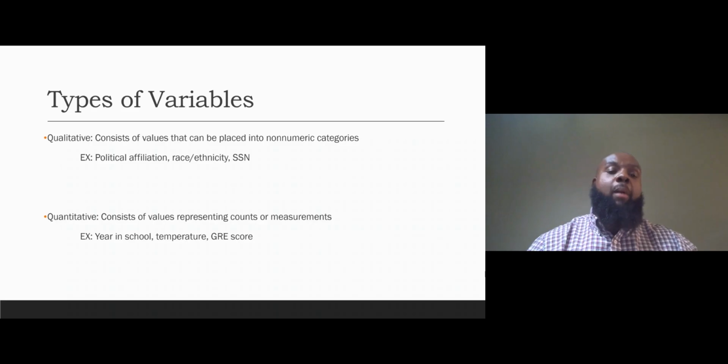A few examples are an individual's year in school, the temperature of a classroom, or an individual's GRE score. Each of those variables represents the amount of something that gives a measurement, and those amounts or measurements are numerical in nature. So that makes it a quantitative variable.